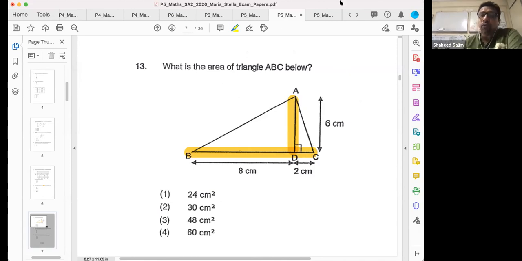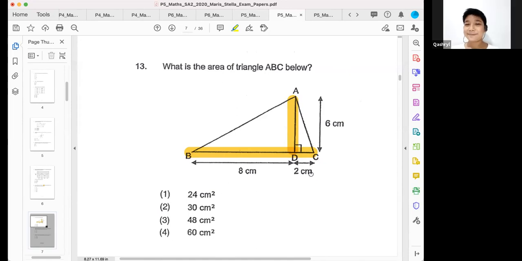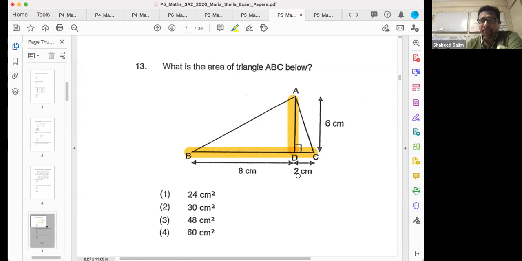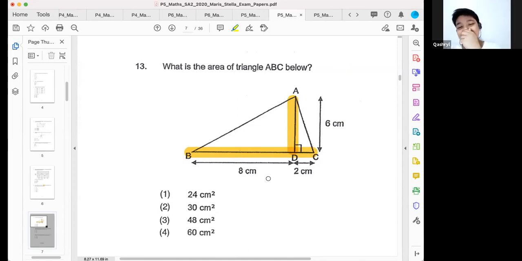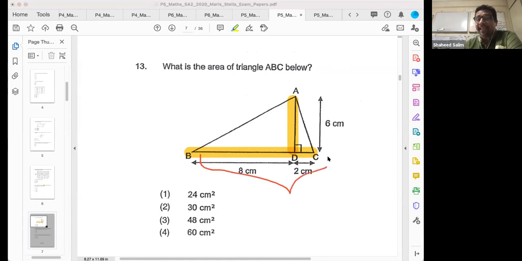Okay, for those of you who are struggling with this, we ask Putra, what is the base? Now here, base is the bottom. The base is BC. What is BC? BC is the base. But how long is the base? 8 plus 2. 8 plus 2 is 10. Okay, BC also can mean before Christ.